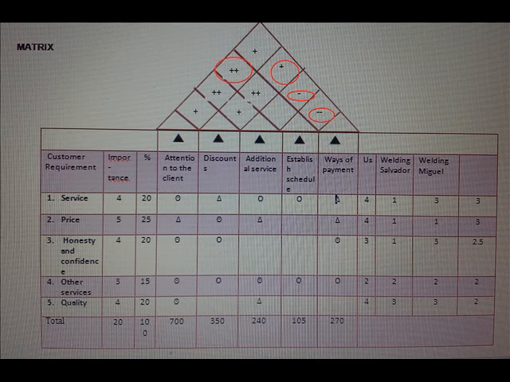So we do the same thing with attention to clients and established schedule with two symbols. So we do that with all of the elements. For example, other services with forms of pay, we put irrelevant. Established schedule, forms of pay, super irrelevant. So we go ahead and we do that until we finish.